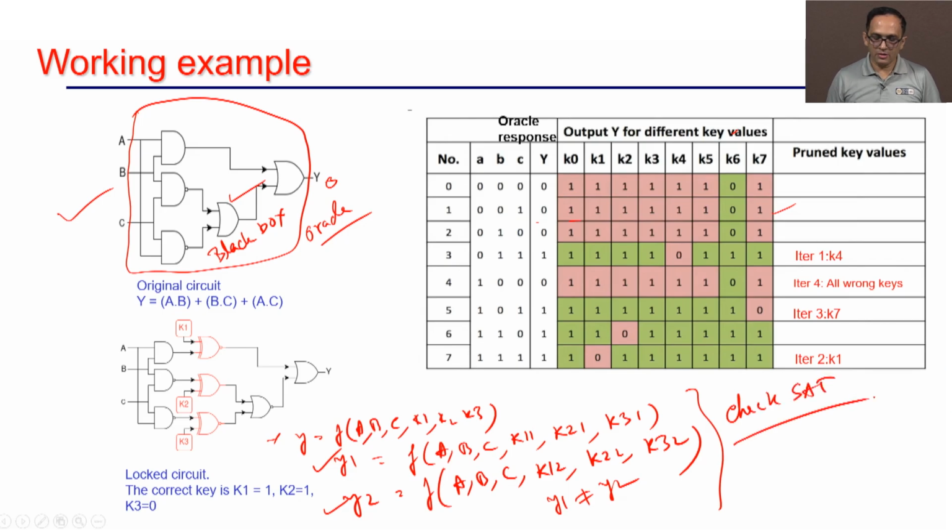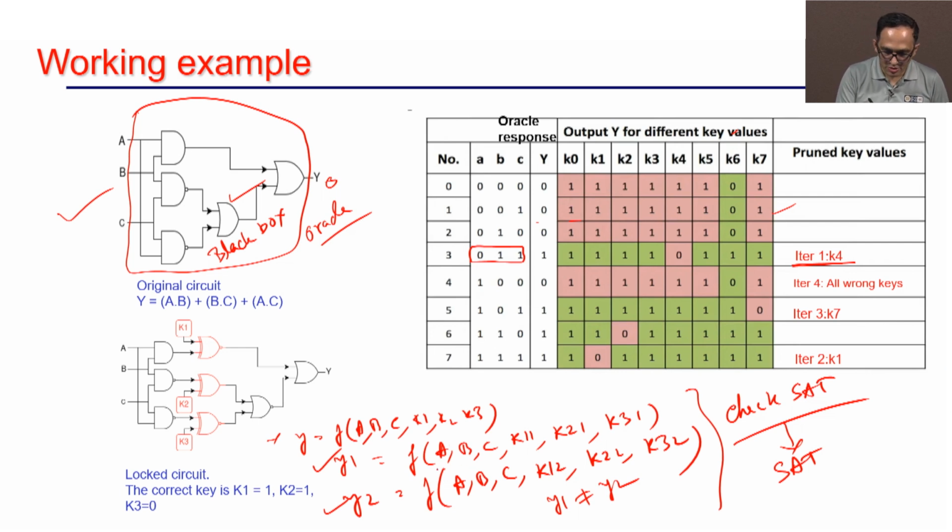Let us say the SAT solver returns SAT, and in iteration 1 it returned the value of ABC as 0 1 1. Under this equation, if I put this value of 0 1 1 here, what will I get?